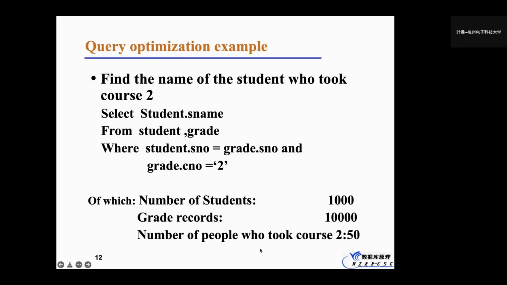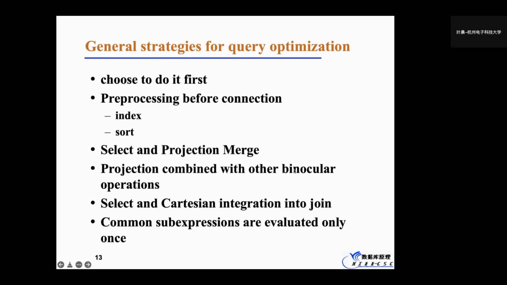Then the general strategy for the query optimization is that first you need to choose what to do first, and you need to do selection and projection before the join. So we will have these two solutions: index or sort, and we have the select and projection merge.